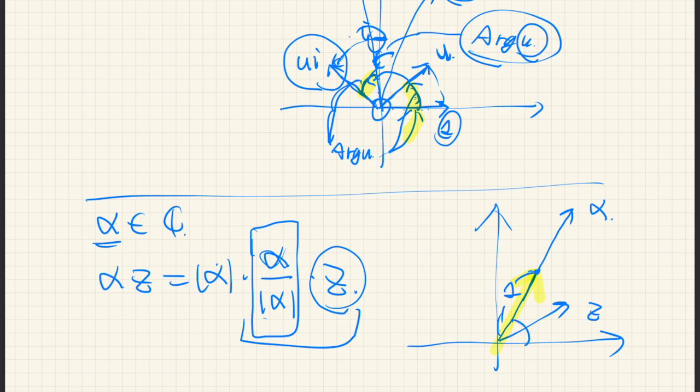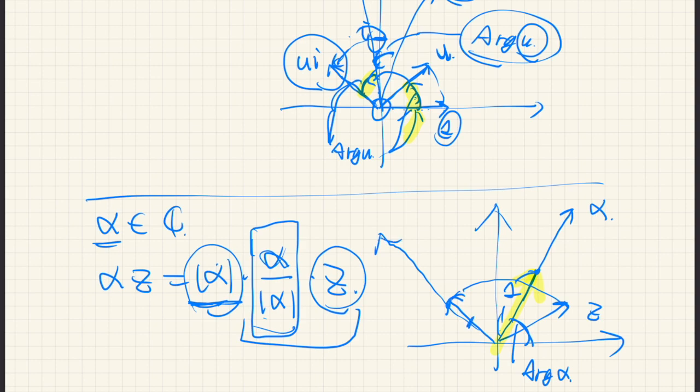So if this is the argument of alpha, by scaling, the argument doesn't change because the angle doesn't change, right? So z is rotated by this angle, so maybe something like this. So that's what we have. Then we scale this arrow by the absolute value of alpha. So that is this.